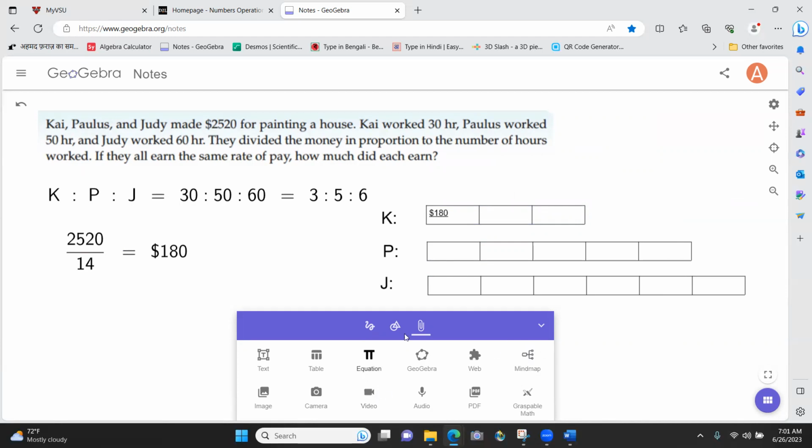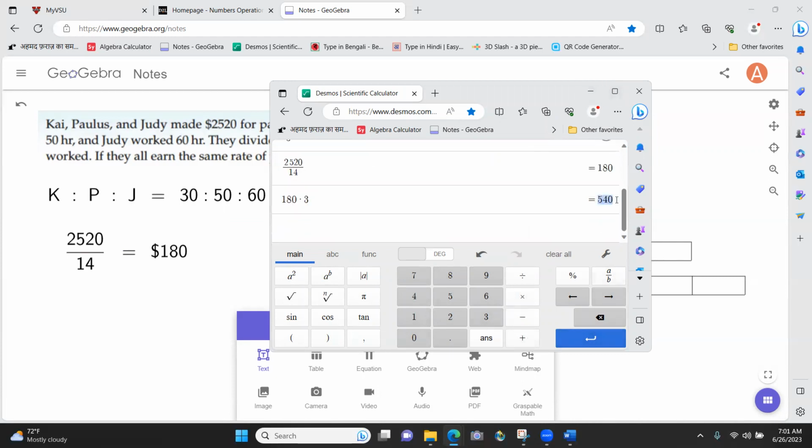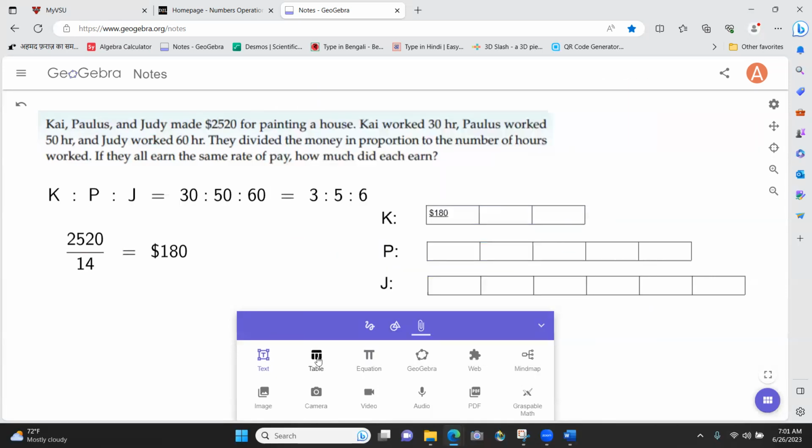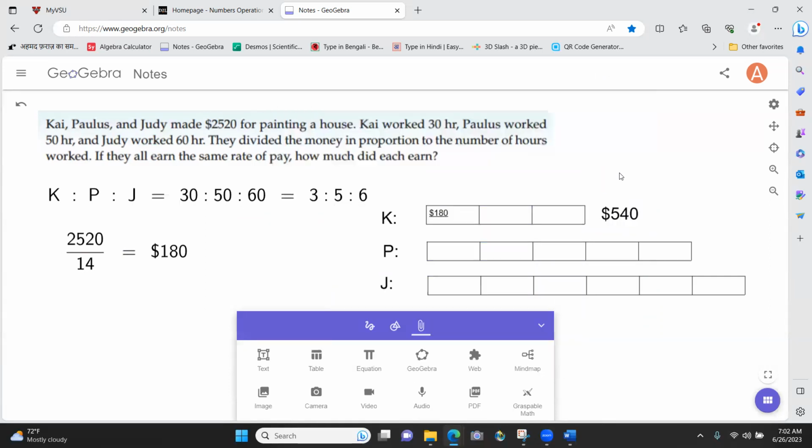Now, how much money does each receive? Of course, Kai would receive 180 times 3. Let's go ahead and do it here. 180 times 3, which is 540. And the next person will receive 5 times 180, which is $900.